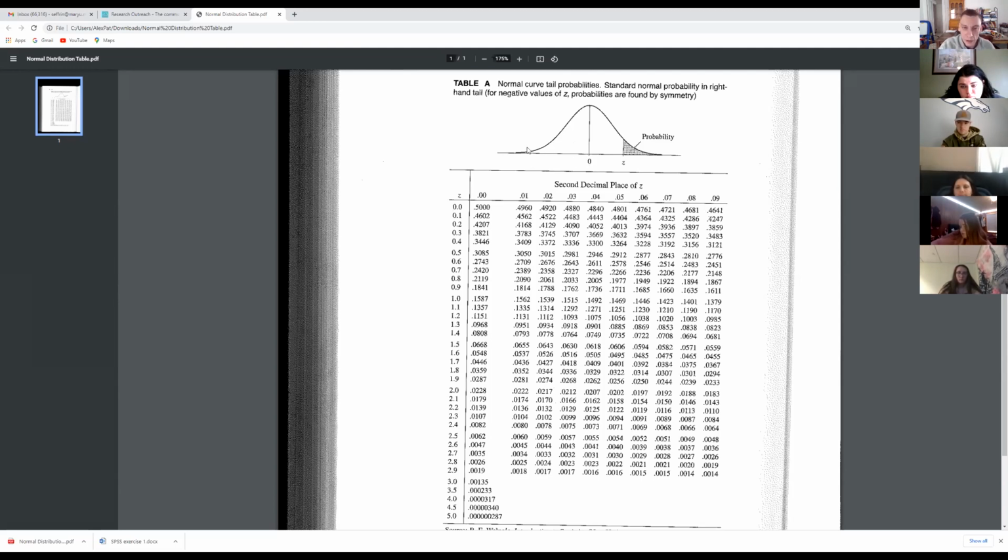So if you ask what proportion of the distribution is below a -1 z-score, it's going to be 0.1587, or about 15.87%.